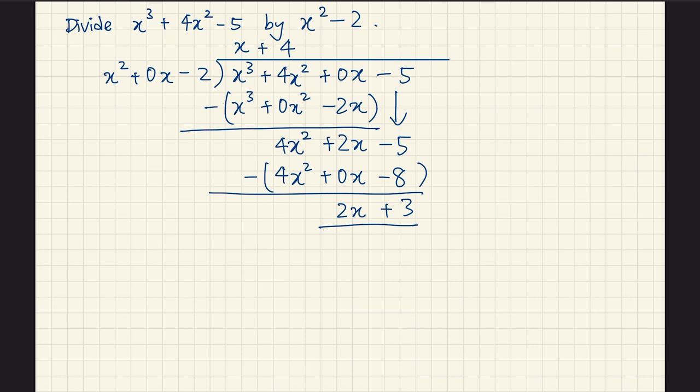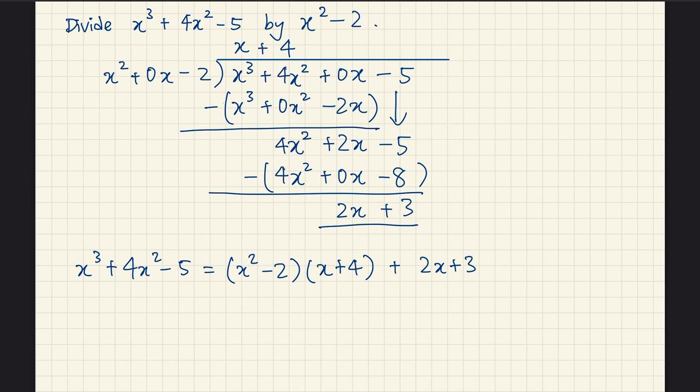So basically x cubed plus 4x squared plus 0x, or we can just leave that out altogether by now and just put a minus 5 there, is equal to the divisor x squared minus 2 times x plus 4, which is the quotient, and then plus the remainder 2x plus 3.